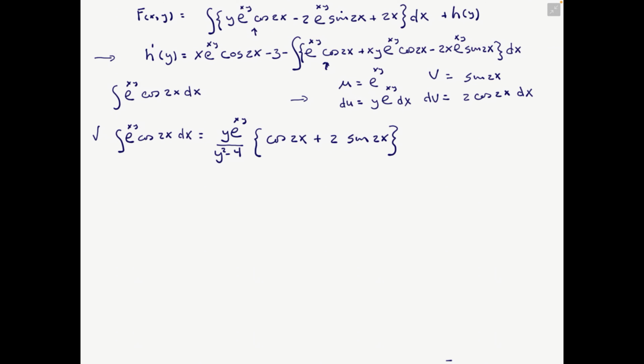And it's useful in a couple of ways, because there are some integrations where we treat y as a constant. For example, up here. So this result is useful to that top integral.